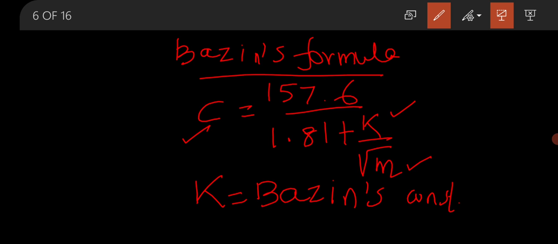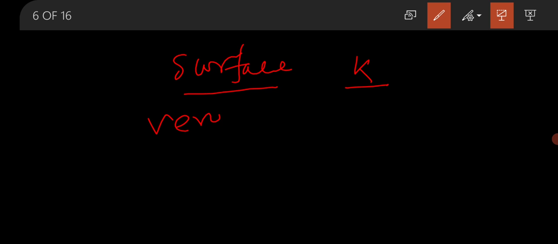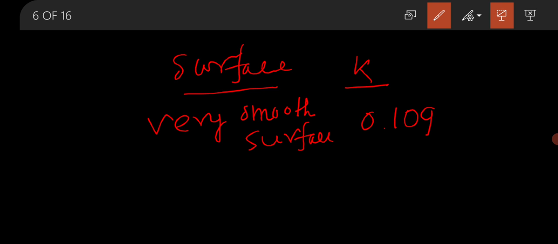The value of Bazin's constant K is different for different types of surface. For a very smooth surface, the value of K is 0.109.